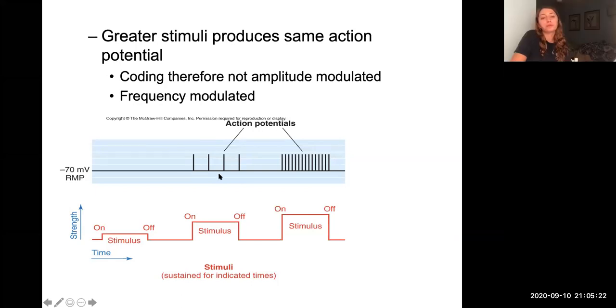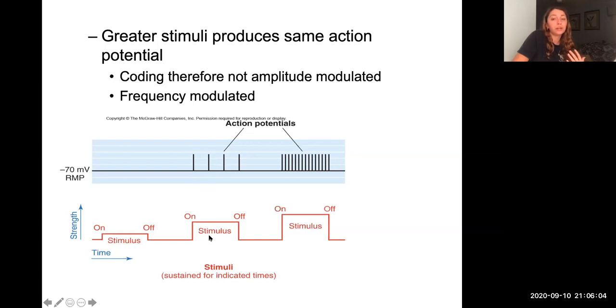So this would be relative refractory period, which just means that there is going to be a longer time between the action potentials because it needs a stronger stimulus to make it go from negative 70 back to threshold and make an action potential.